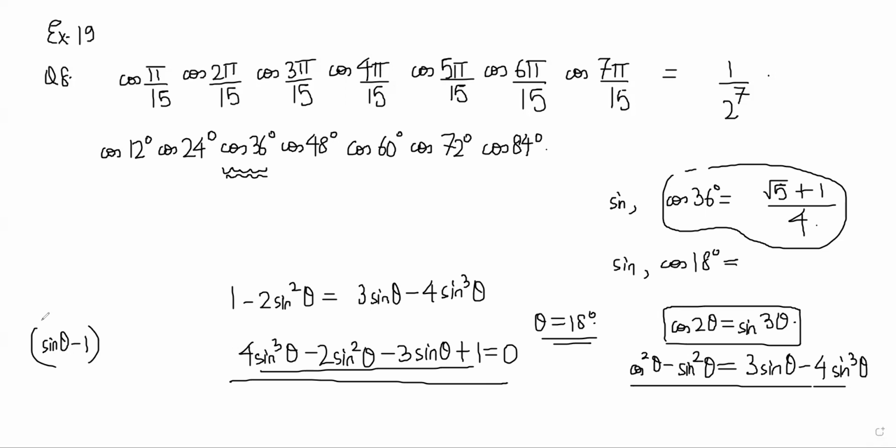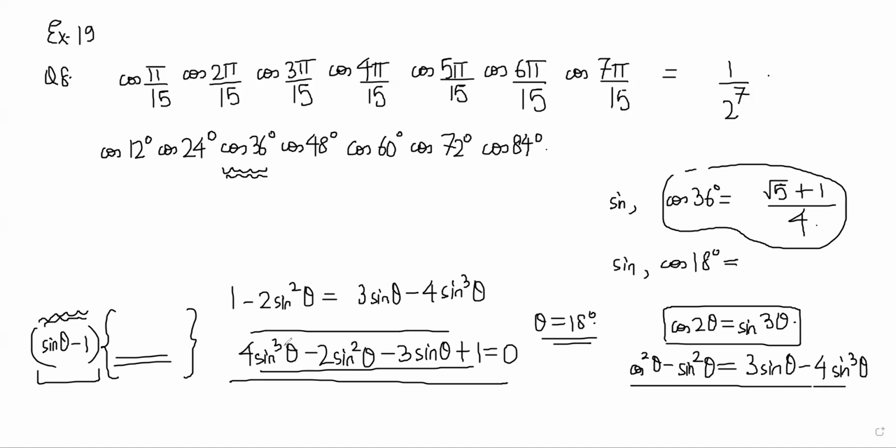Why are we saying that this will never be 0? Because we know that sine 18 is never 1, right? So you can factorize it, but you know that this factor is never 0. That means the other factor, which will be a quadratic, must be 0. That quadratic can be easily gotten by dividing this with sine theta minus 1.